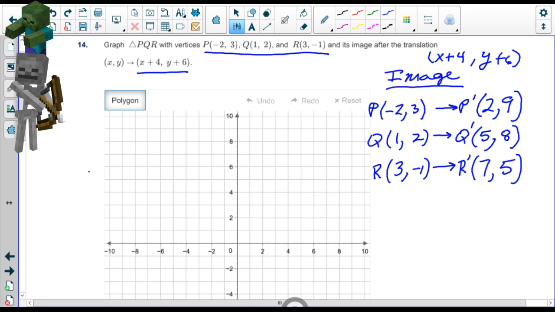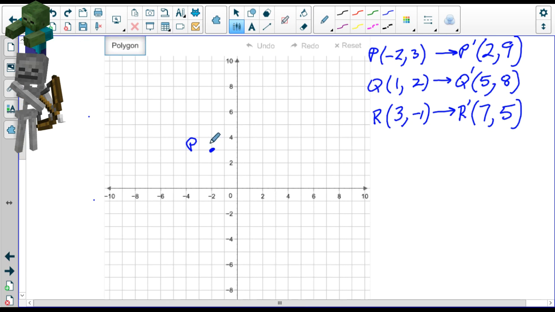Now the image is our P prime, Q prime, R prime. And so I'm going to change to red so you can see. I know you can't do that on Big Ideas, but this will just kind of help out. So we go 2 and then up 9. So that's P prime should be right up there.